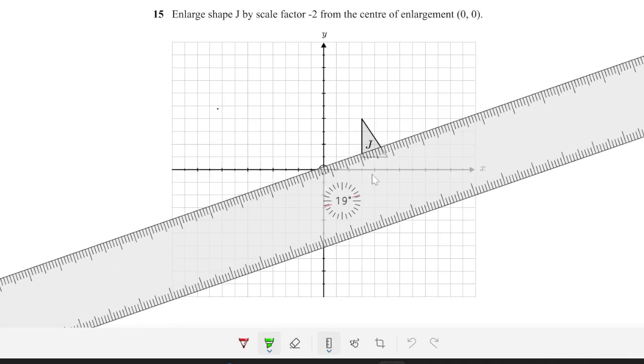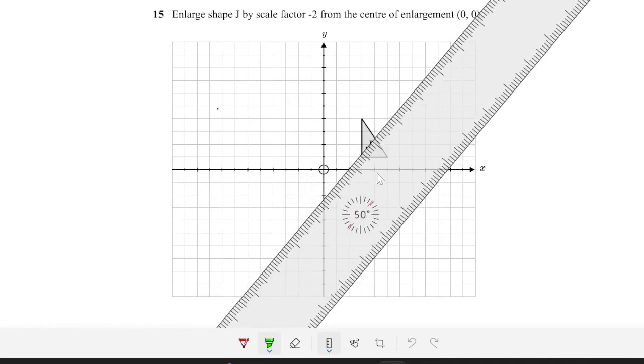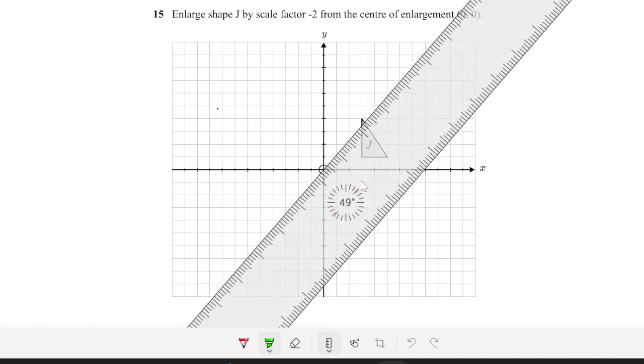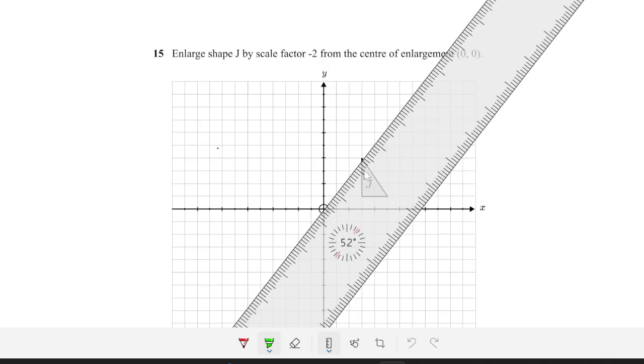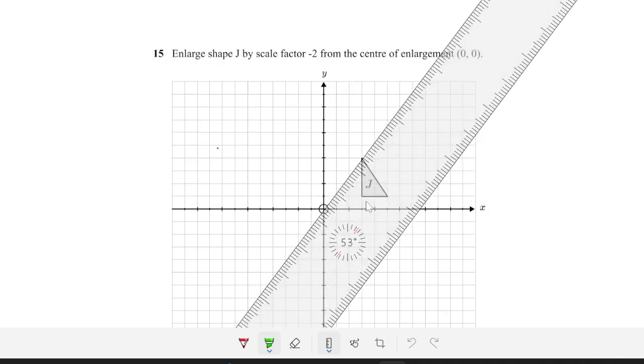So for any enlargement, particularly negative enlargement, I draw a straight line from points through the centre of enlargement, and a negative enlargement is going to come down this way.